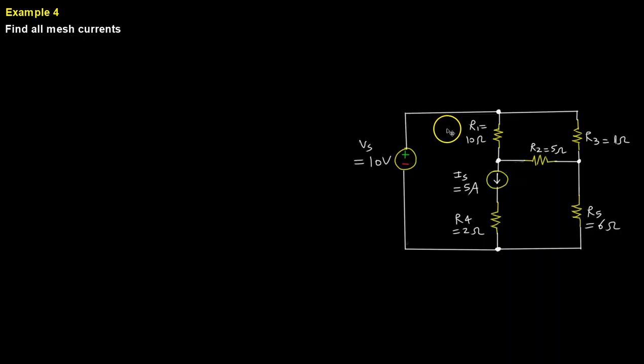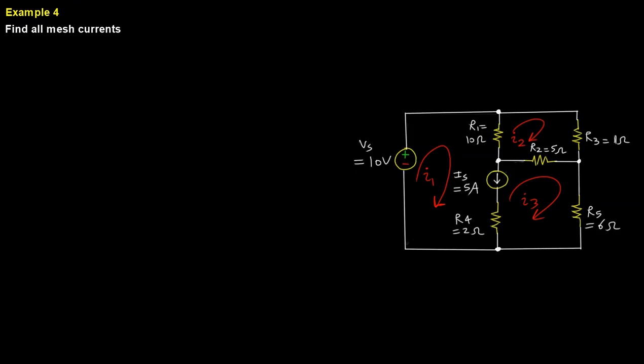Okay, in this example we're asked to find all of the mesh currents. So we're going to define the mesh currents whichever way we like. I'm going to say this is I1, this is I2, and this is I3. Right away we can see that we have a problematic branch.